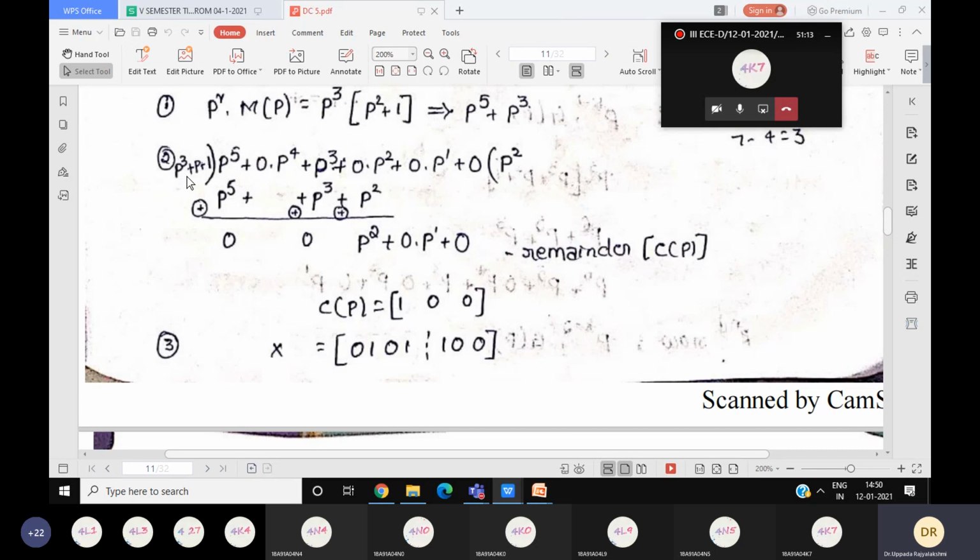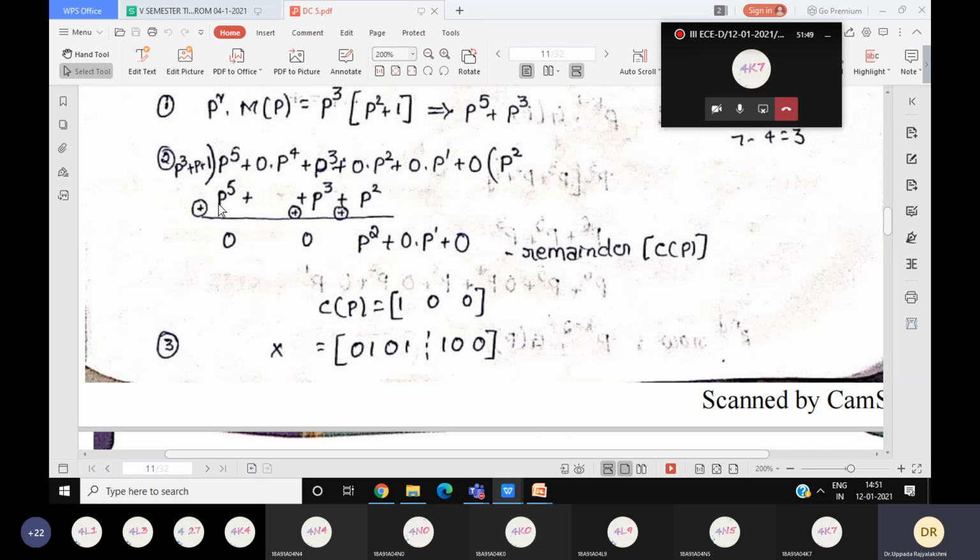Now take multiplication. So p cube, how do you get p power 5 using p cube? Take p square, so multiply it with p square. So p square into p cube will be p power 5, plus p square into p will be p cube, plus p square into 1 will be p square. This is just like normal division, except that for cancelling, take the modulo 2 addition. Okay.